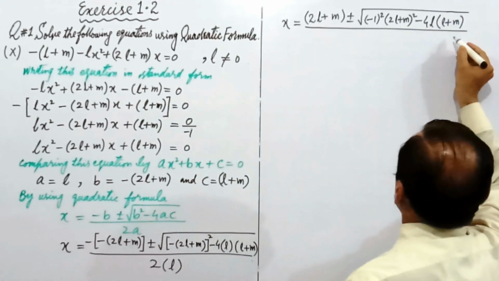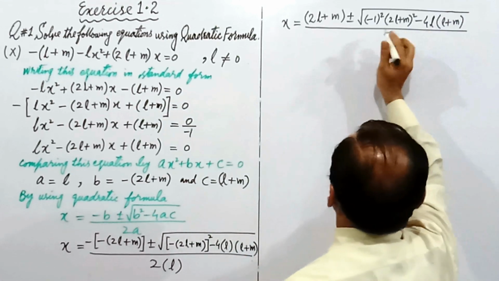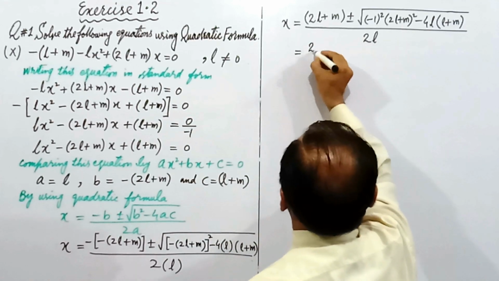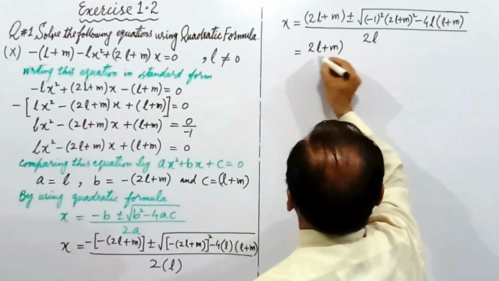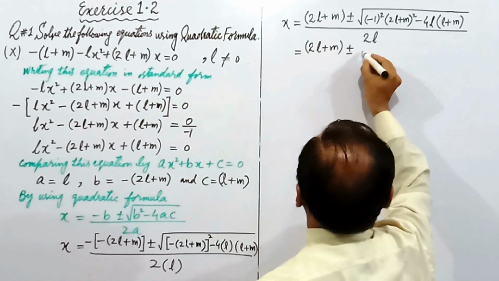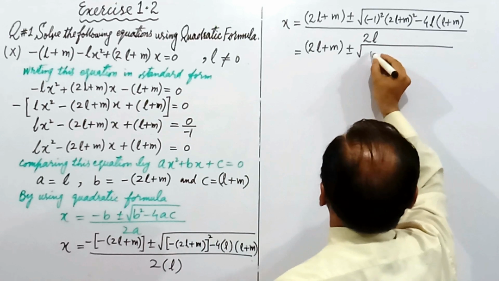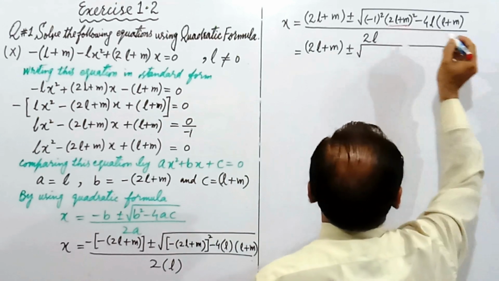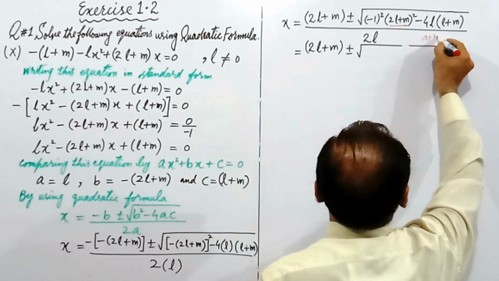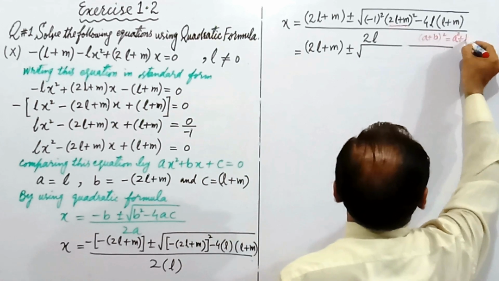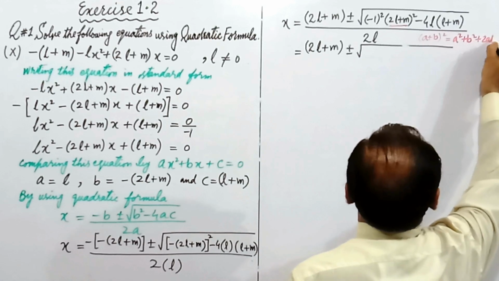We do one extra step so that we can understand it easily. (2L plus m) plus minus under root, the square of minus 1 is 1, so there is no need to write. We apply the formula on that section, that is (a plus b) whole square is equal to a square plus b square plus 2ab.